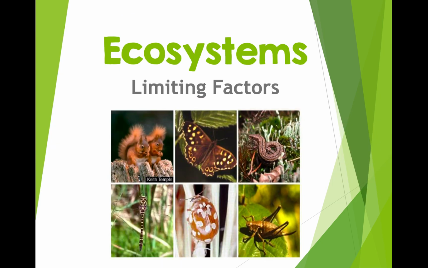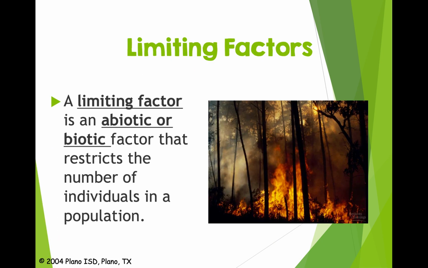Okay, so last topic is those limiting factors, and we just had a nice little activity, the lesson of the K-Bob, to kind of go over these limiting factors and carrying capacities. All right, so a limiting factor is either an abiotic or a biotic factor that's going to restrict the number of individuals in a population.